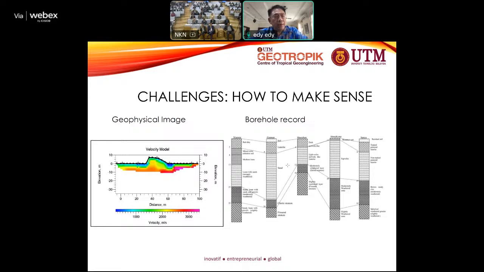But the thing is how to make sense of the underground challenge before we could really understand the condition of the ground, and later on we could use this information to design, to foresee, and to anticipate the kind of challenge and disaster so that we could take steps to minimize all the potential risks.